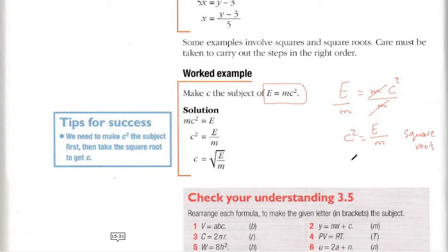The square root of c squared is c, and the square root of this amount we can just write under the square root. So c equals square root of e over m. Remember, the square root of any variable to the power 2, we every time cancel the square root with the square to get the variable. For example, the square root of 7 squared is equal only to 7.